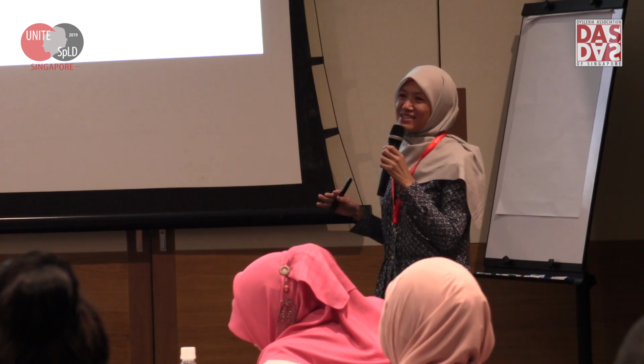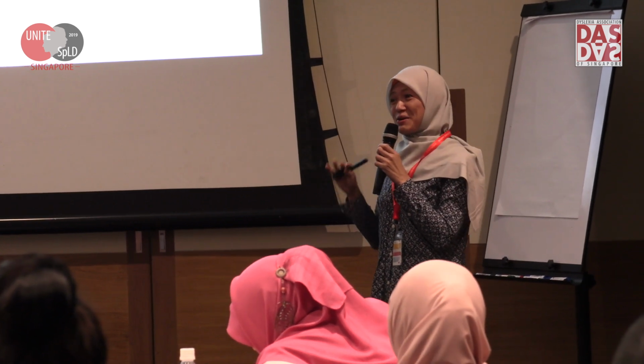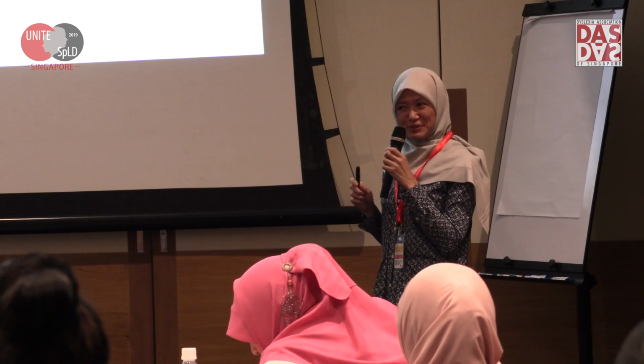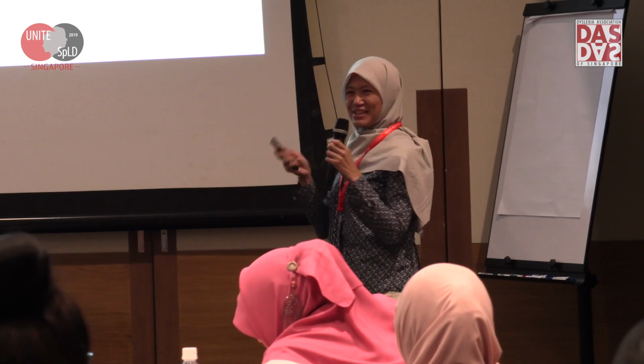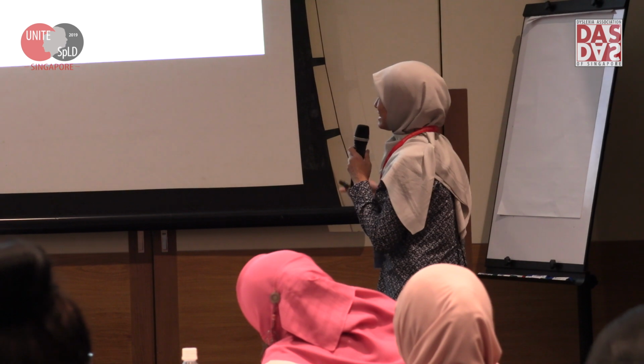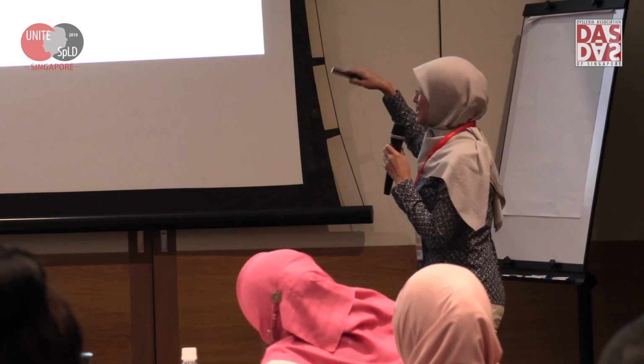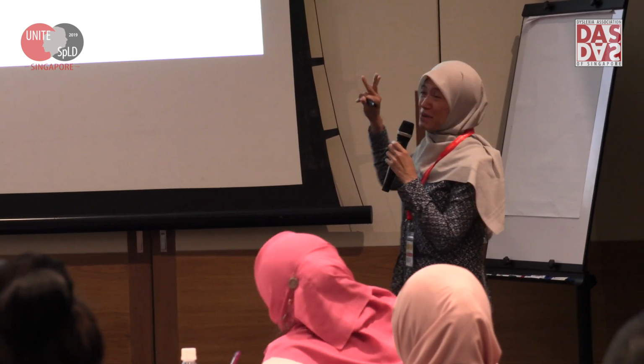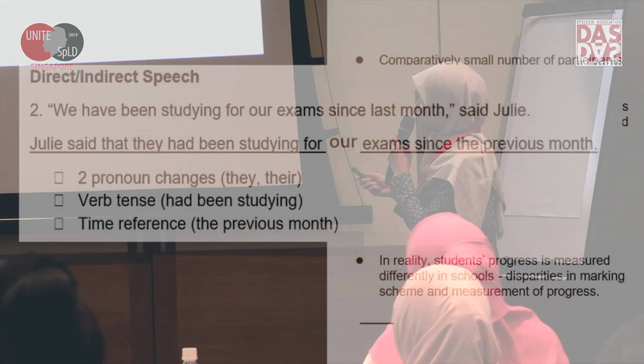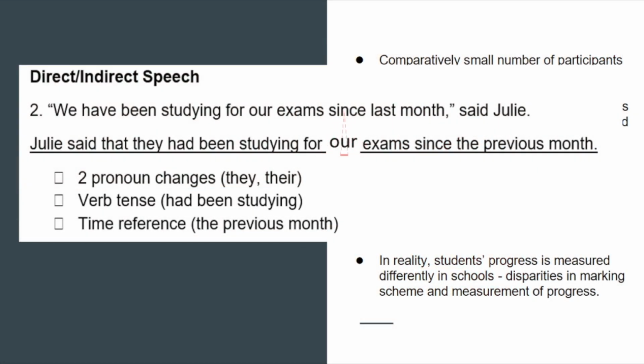And in reality, the way we measure students' progress is quite different from the way mainstream schools measure progress. If you can recall, this is the same question. We actually awarded 3 marks for this. So let's say the student did not manage to get the pronoun change right. If the student was able to change the verb tense and time reference correctly, he could still salvage 2 marks for our entry-exit test.